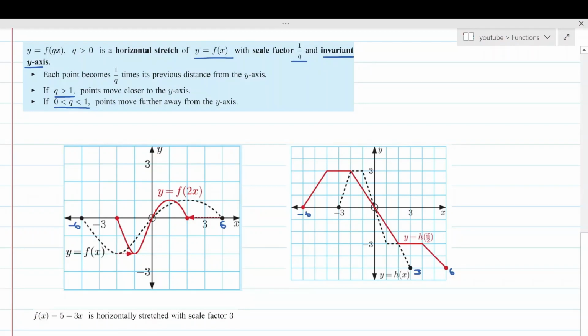So now let's look at some problems. We have this question: f(x) = 5 - 3x is horizontally stretched with a scale factor of 3. What is the new function going to be?